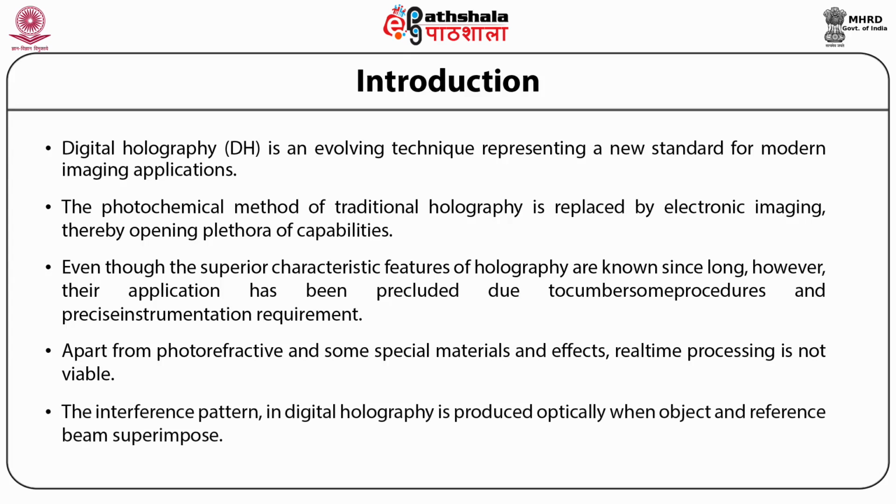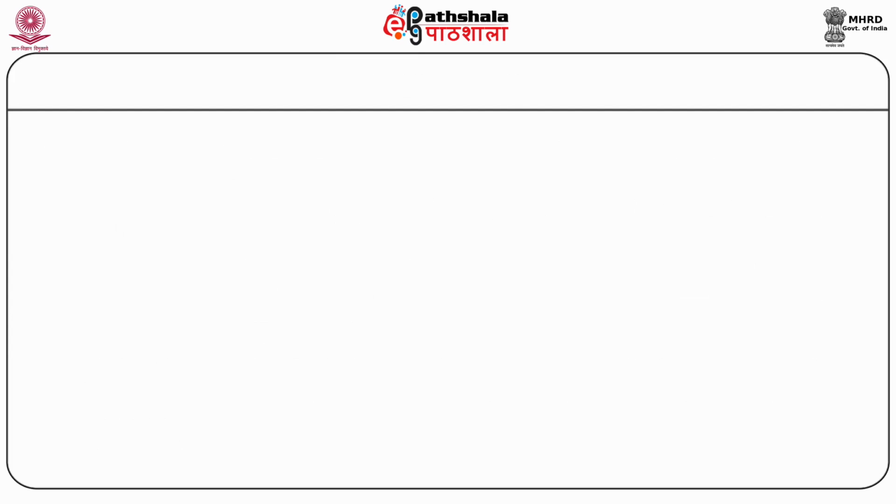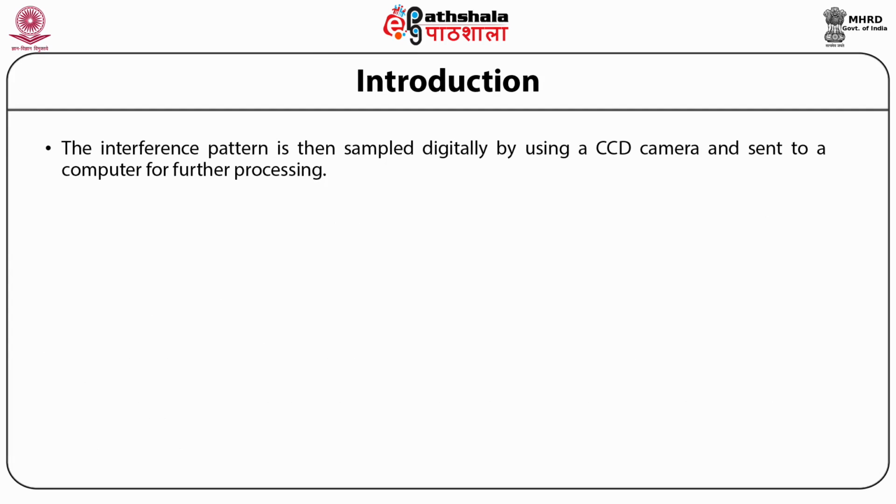The interference pattern in digital holography is produced optically when the object and reference beam superimpose. The interference pattern is then sampled digitally by using a CCD camera and sent to a computer for further processing.